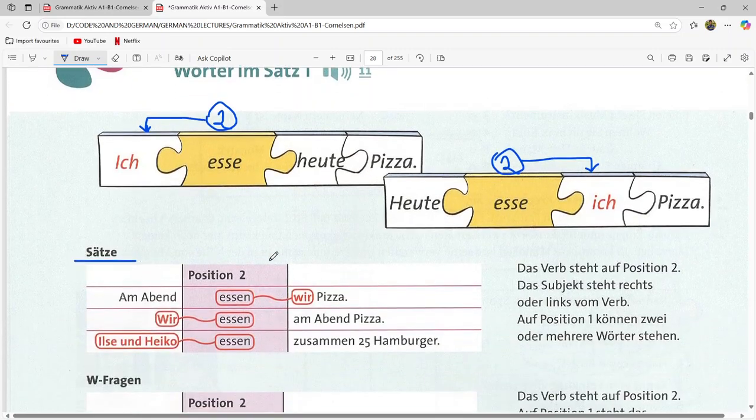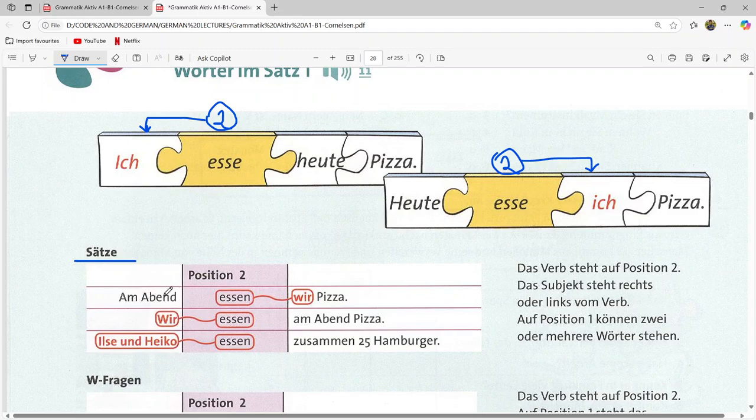Now the normal sentence structure in the German language. Am Abend essen wir Pizza. Am Abend means at the evening, on the evening, whatever you say.